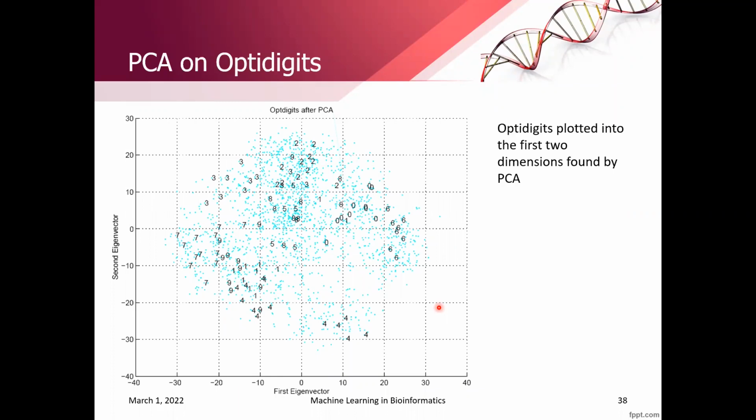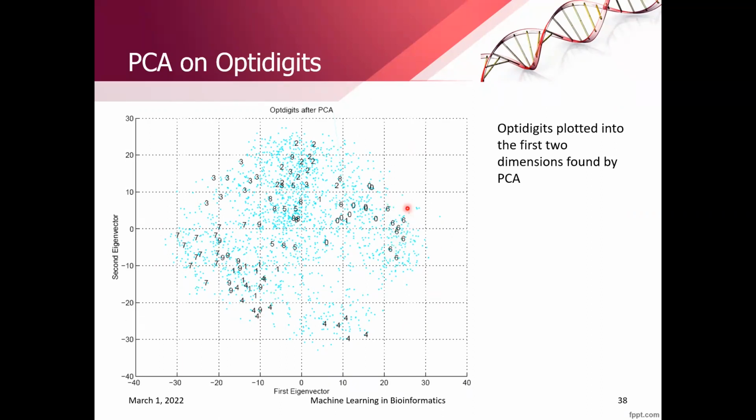If we look at the resulting plot, for some values there are also labels there, and we can see, for example, mapping of digit 7, they are all close together. Mapping of digit 6, they are also close together.